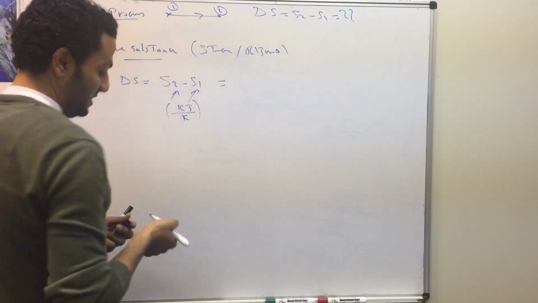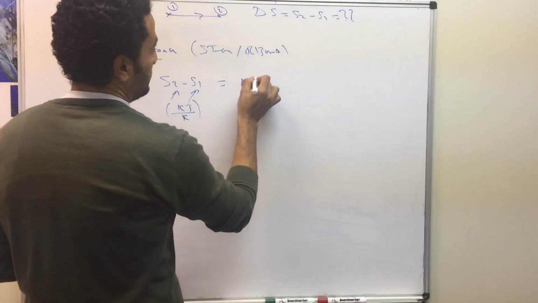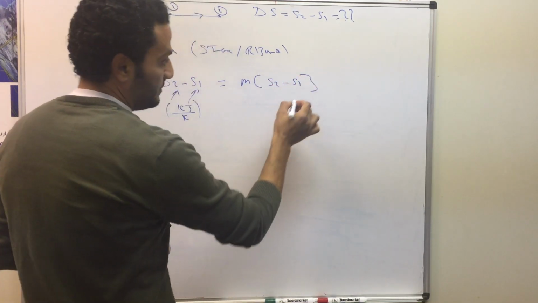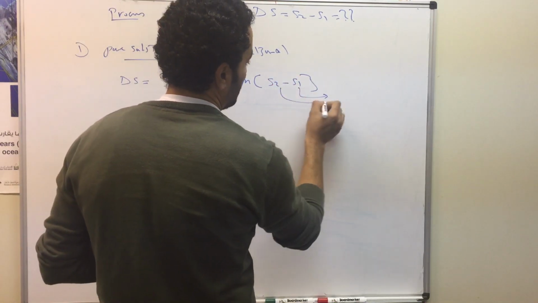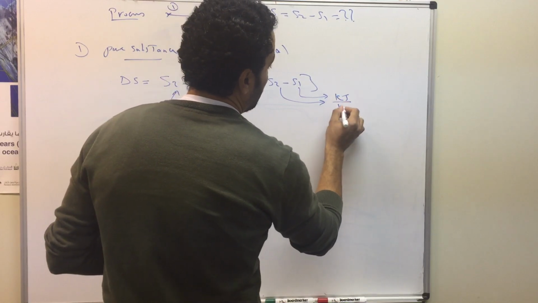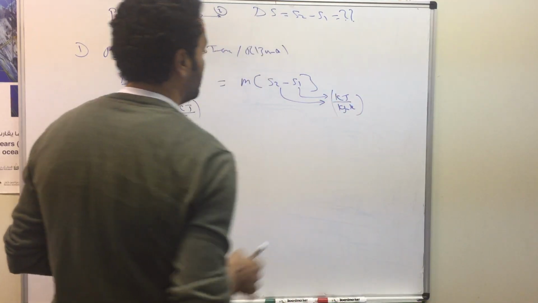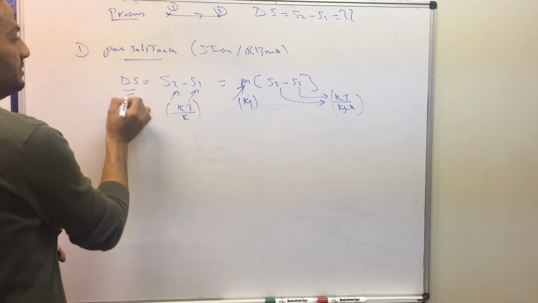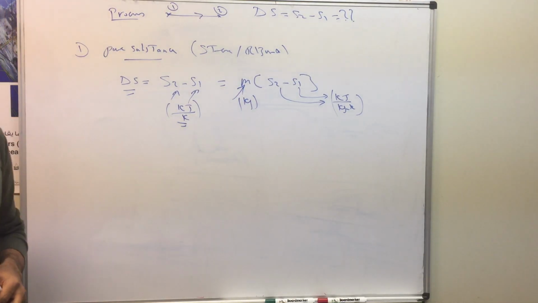But usually in those tables we find the specific value, so we have to multiply by mass times the specific entropy, S2 minus S1. Those specific values are measured in kilojoule per kilogram Kelvin, and the mass is in kilograms, so the total value will be in kilojoule per Kelvin.